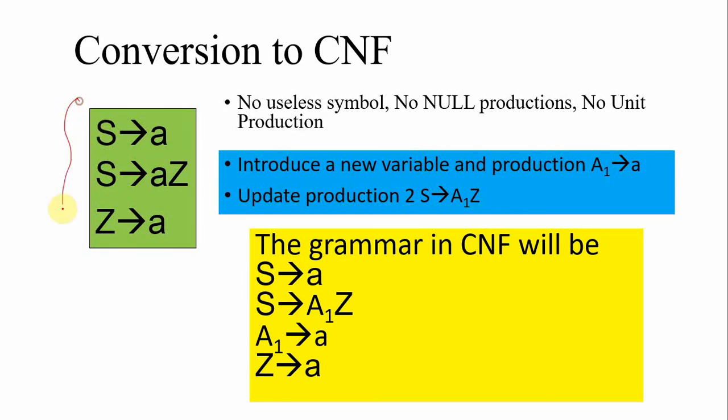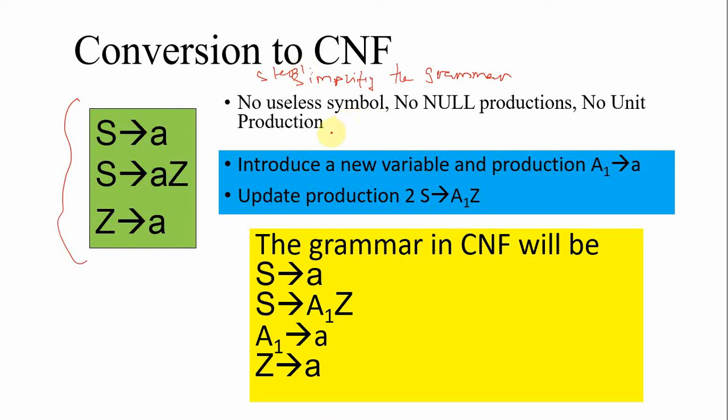Okay, here we go. Here is the given grammar, and whenever we go for this conversion, we need to simplify the grammar first. Step 1 should be simplification of the grammar.